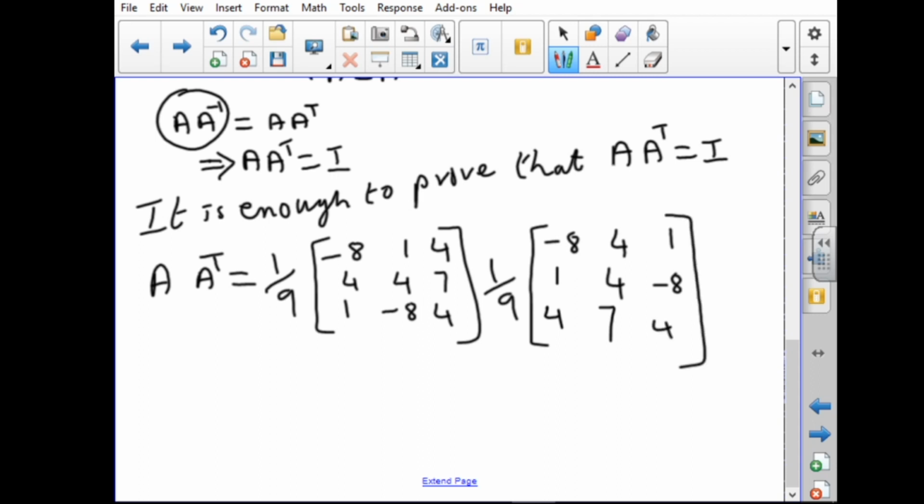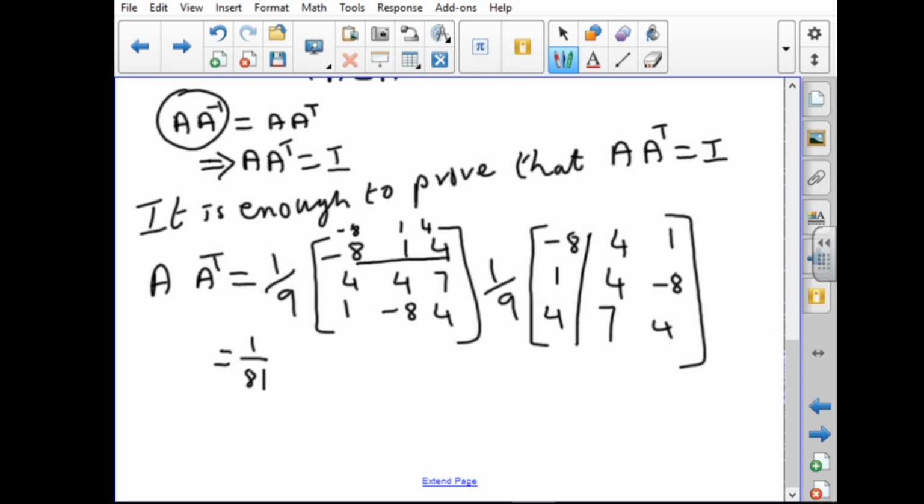So 1 by 9 into 1 by 9 is equal to 1 by 81, and we are going to multiply these two matrices. So we go as usual row by column. Take the first column and write it on the top of this. So you get minus 8, 1, 4.